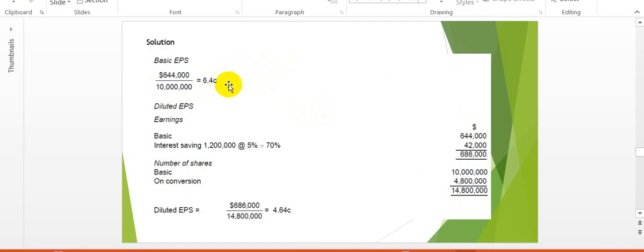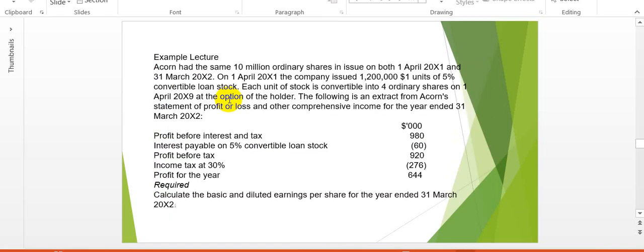Then we now look at the diluted EPS. Now we explained that the holder of the convertible loan can continue being paid interest.